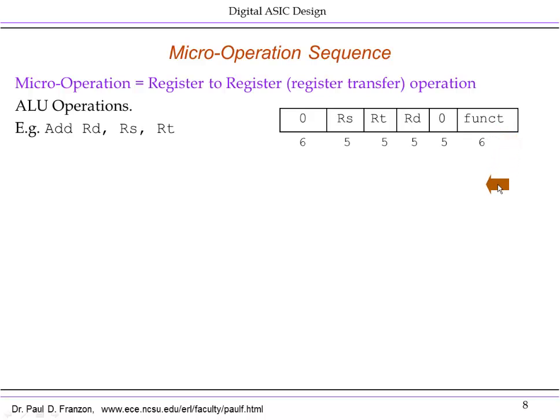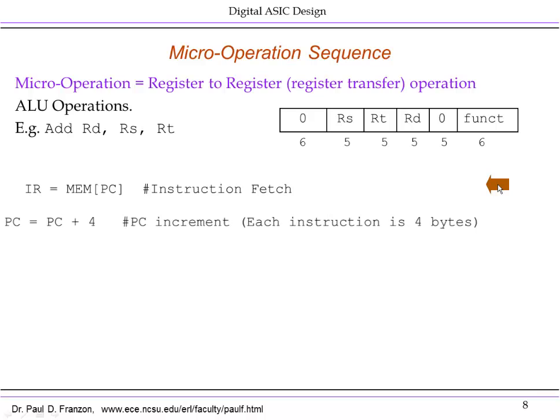Let's go through the microoperation sequence that has to be carried out in the hardware to execute this instruction. Well, the first two are common to all instructions. The first step in executing instructions is to fetch it from memory.